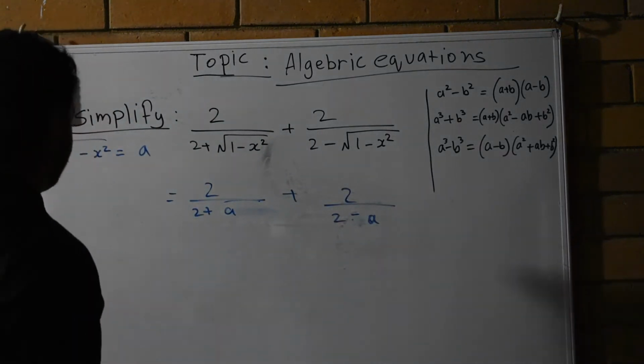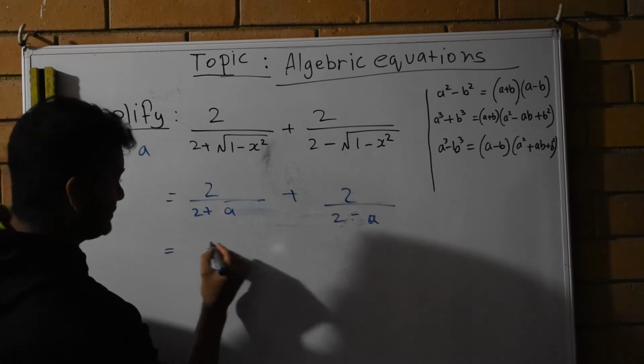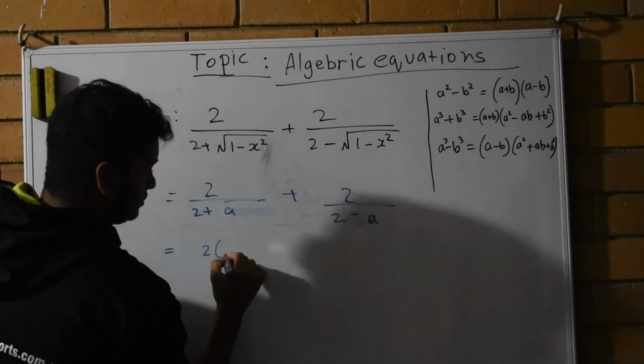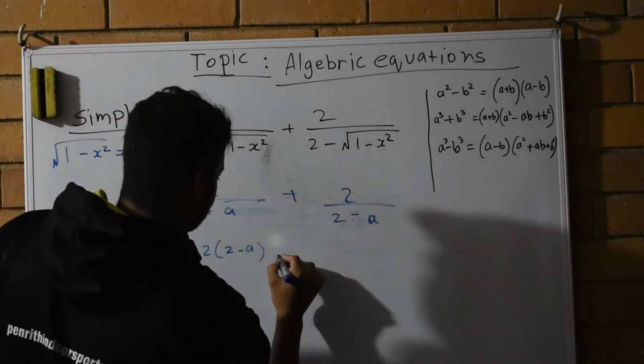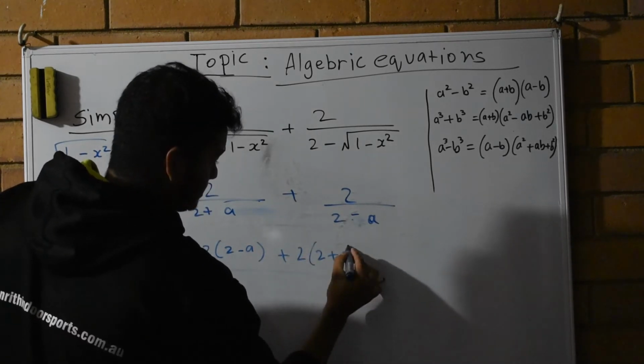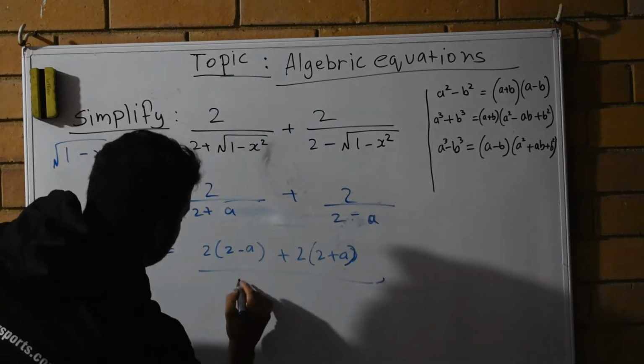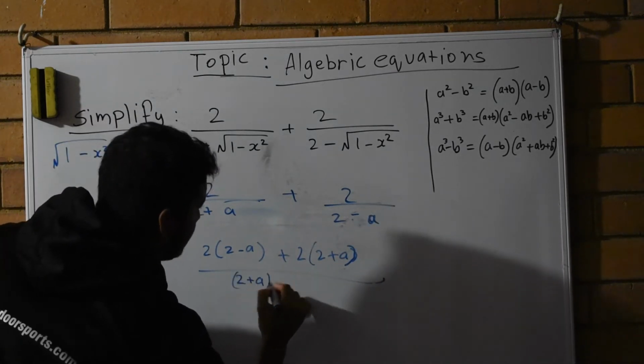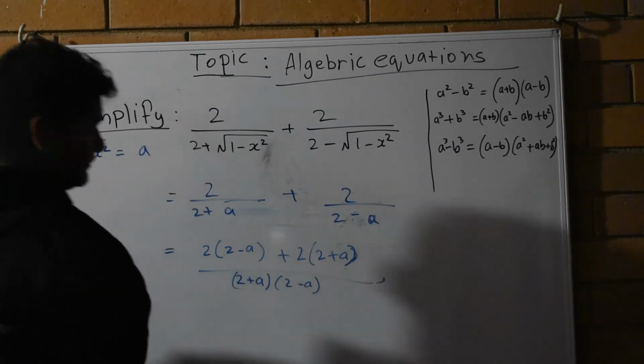Pretty nervous, to be honest. Next is 2 minus a plus 2 plus a, and then the denominator 2 plus a times 2 minus a.